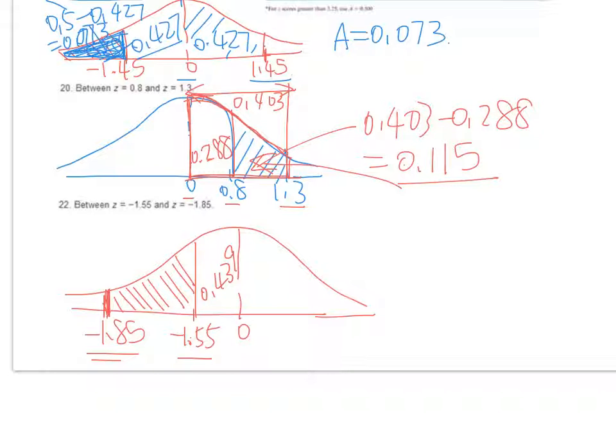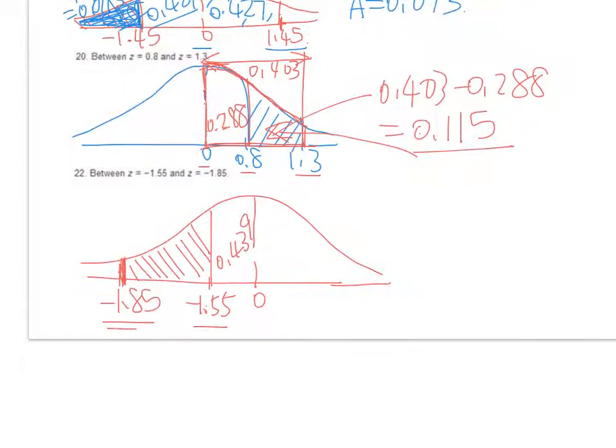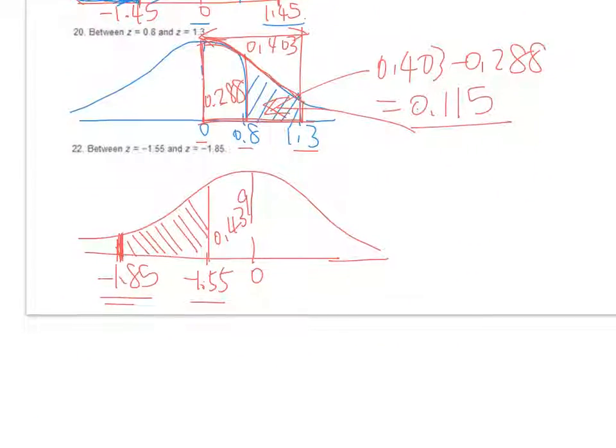When we go to 1.85, we see here, I have a value of 0.468. 0.468 should be here.